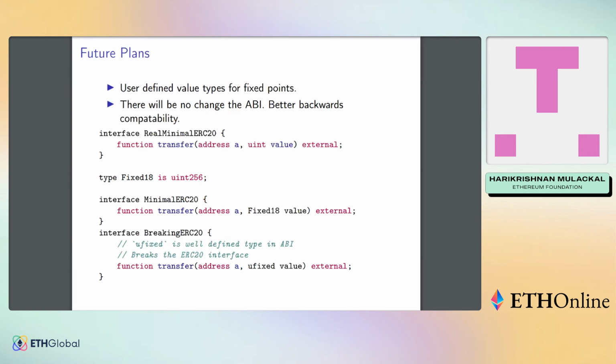So if you want to try to interface with, let's say, DAI or USDC, DAI would have 18 decimals, USDC would have 6 decimals. This function wouldn't even be calling the right one. Whereas if you use fixed 18, it actually has exact ABI compatibility. So this is the very first step towards fixed point types in the language.